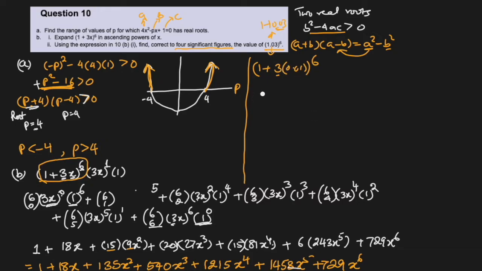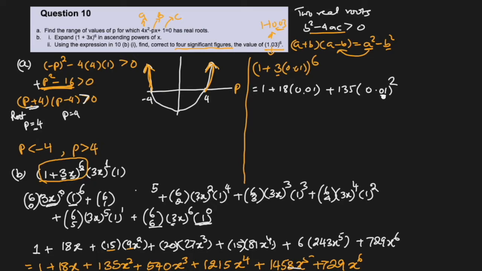So it will be 1 plus 18 times 0.01. They want 4 significant figures, so we'll stop where 4 significant figures end. So what is next? 135 and then 0.01 to the power 2.